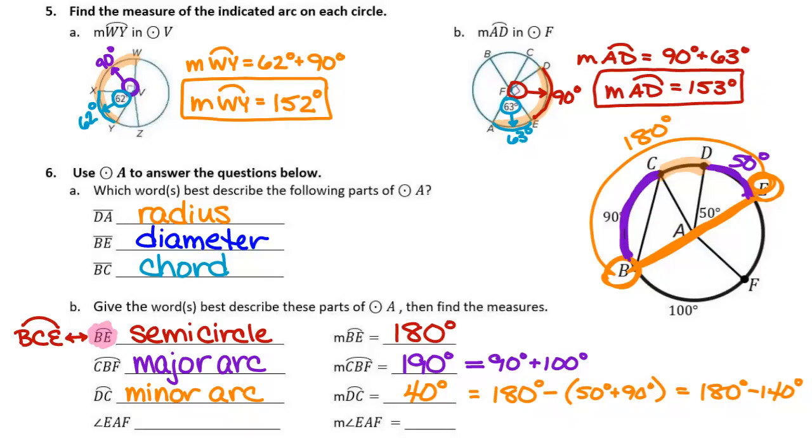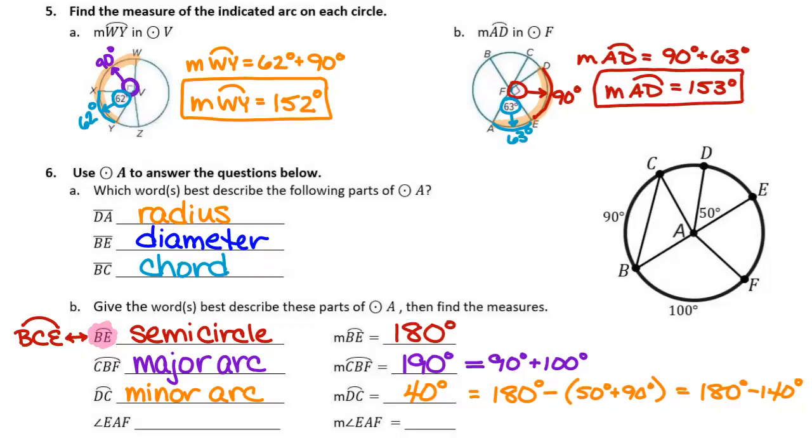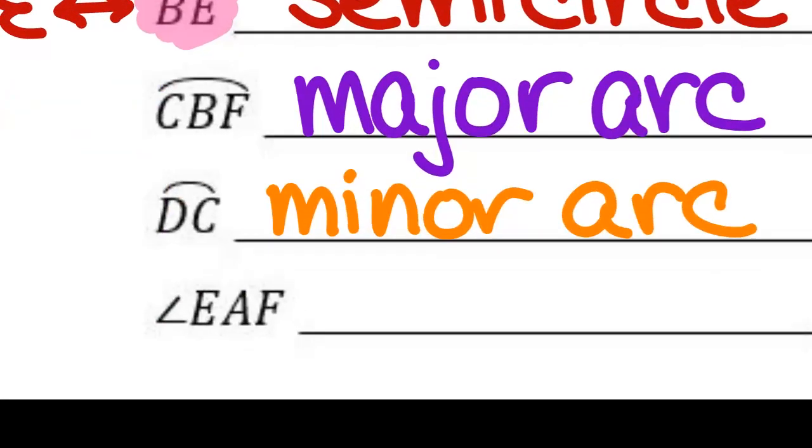One more part to this question. I want to know what angle EAF would be called. What do we call an angle that has its vertex in the middle like that?